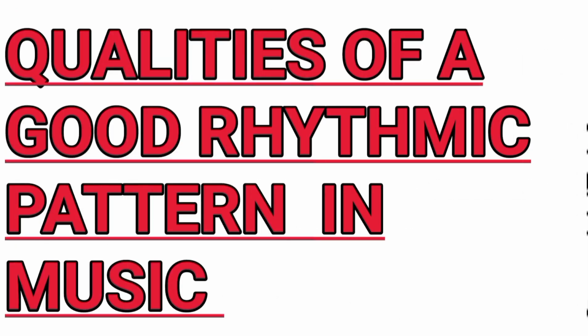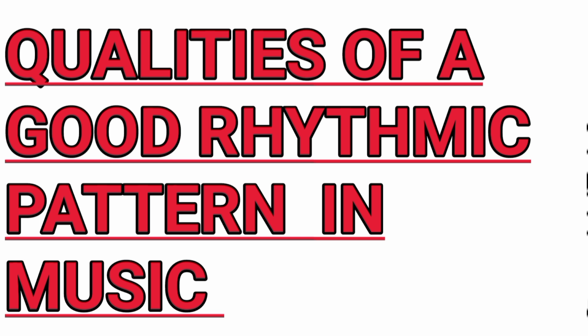Now, after the learner is able to understand and write rhythmic patterns which have been dictated through the 4 tips we have discussed, the learner is needed to come up with his or her own rhythmic patterns. So that comes in creating of rhythmic patterns.